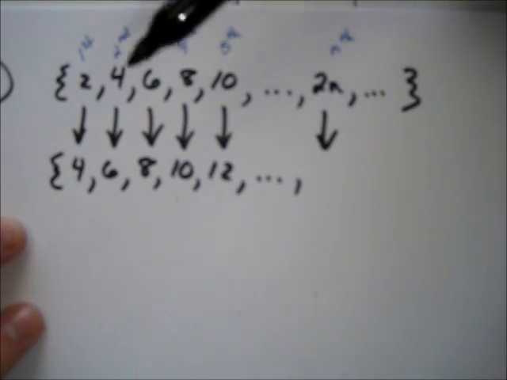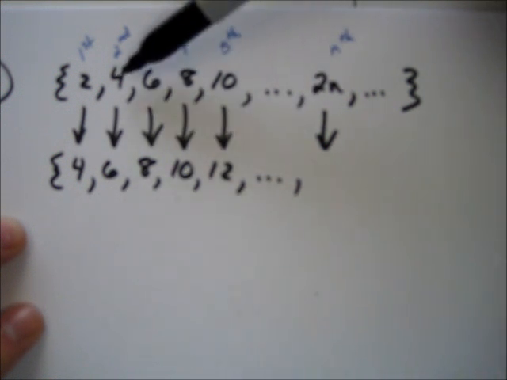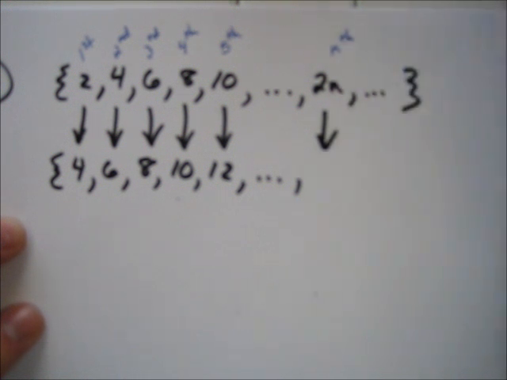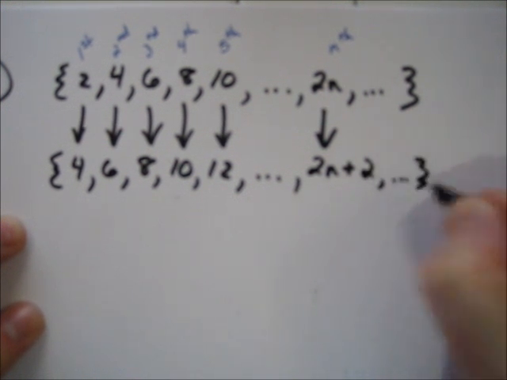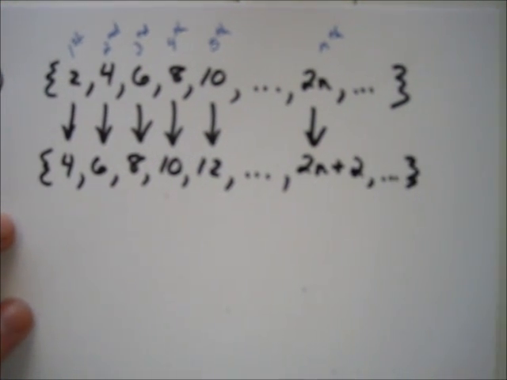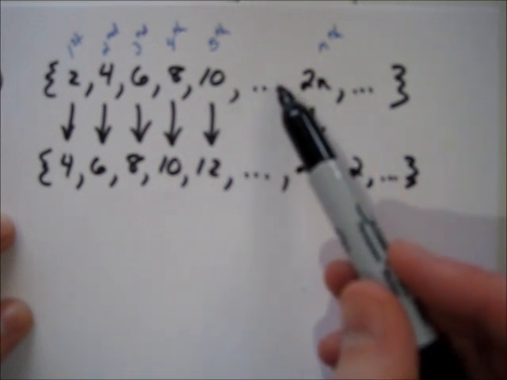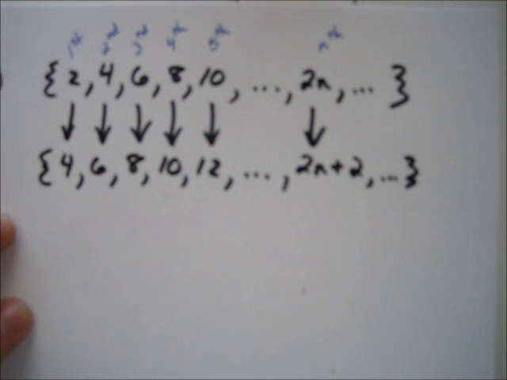What you should notice is that each of these numbers is exactly 2 greater than the number up here. So the expression that goes here needs to be exactly 2 greater than 2n, so 2n plus 2. And now we've demonstrated that this set is an infinite set because we've placed it in one-to-one correspondence with a proper subset of itself.